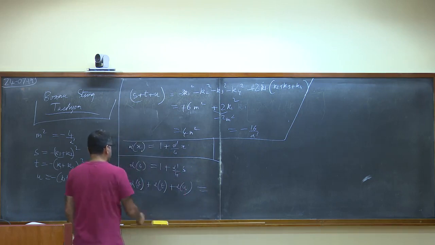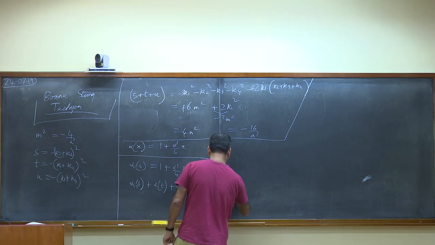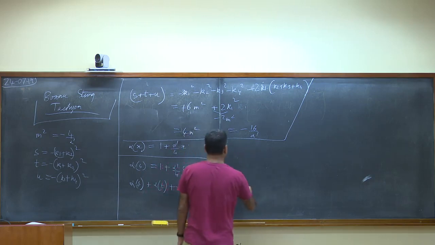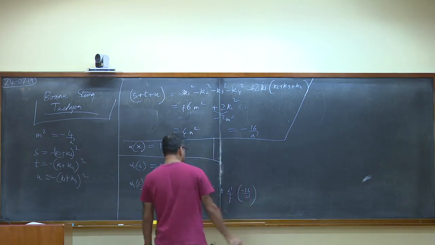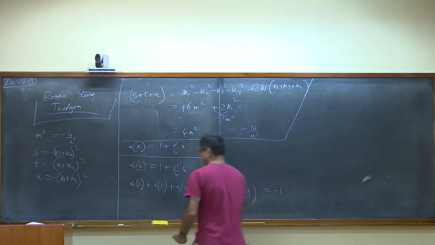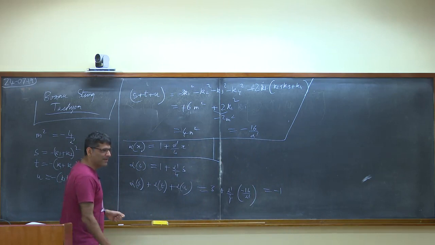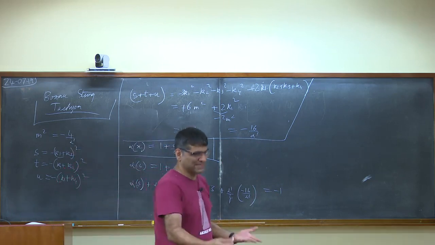Okay, this is equal to, of course, 3 plus alpha prime by 4 into s plus t plus u, which was minus 16 by alpha prime. So that's equal to minus 1. Okay, and we will actually often deal with minus of alpha s. So minus alpha s plus minus alpha t plus minus alpha u is equal to plus 1.